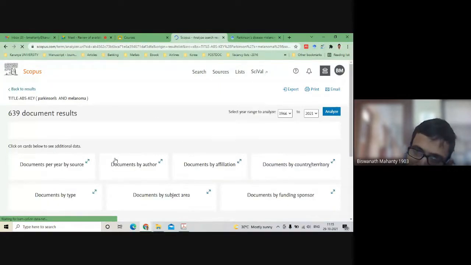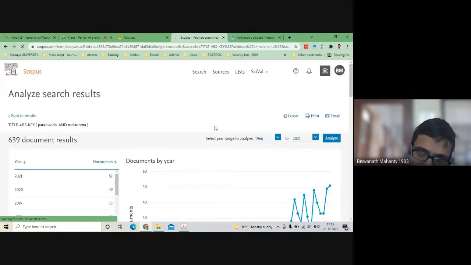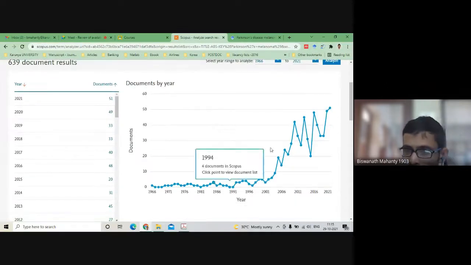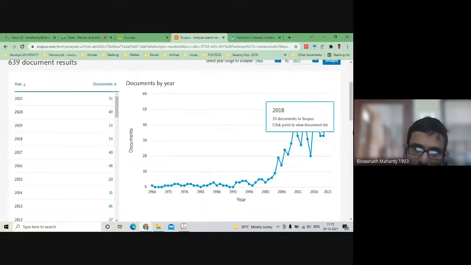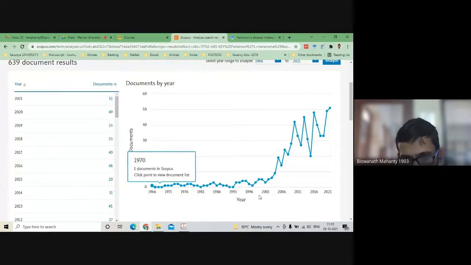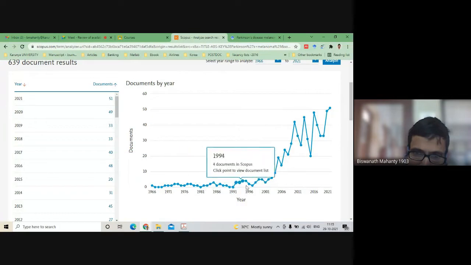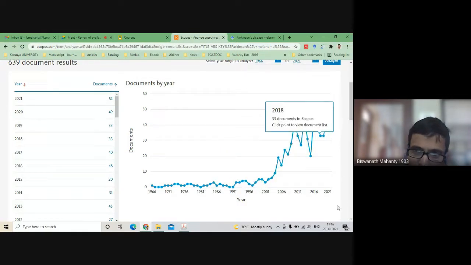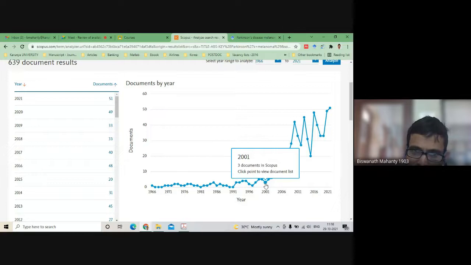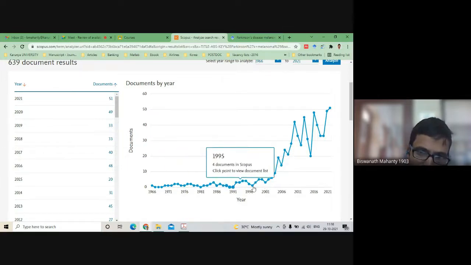This will also give you clarity how the work has recently been coming into papers. You see, this figure is telling how many papers came: 96, 97, 97, 91, 98, 91, 99, 96, up to 2001. You see, a large number of papers was not coming. Only 3 papers, 1 paper, 2 papers were coming in scientific database.